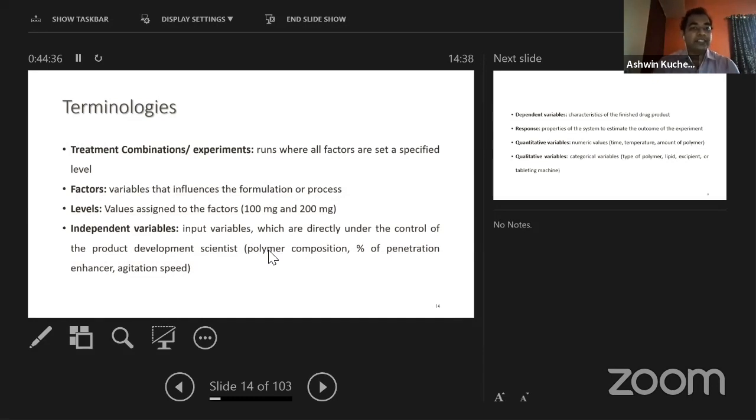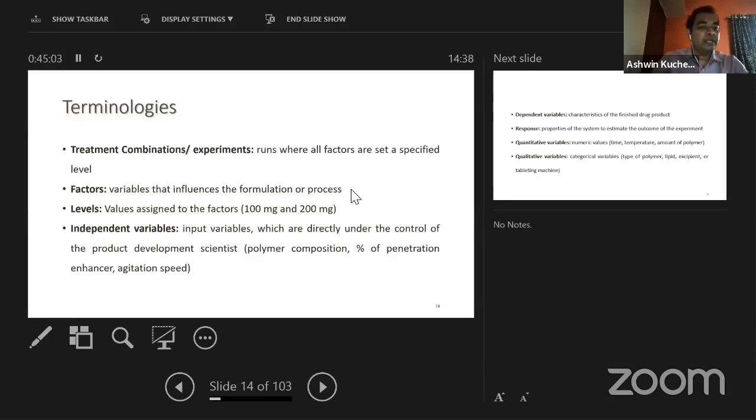The different terminologies for design of experimentation are treatment combinations, or experimentations, which are called runs, where all factors are specified at a level. Means our actual run, which has some levels in it, and those are to be run for an experiment. Now, what are factors? Factors are the variables that influence the formulation or process variables. Here you can call those factors the input factors.